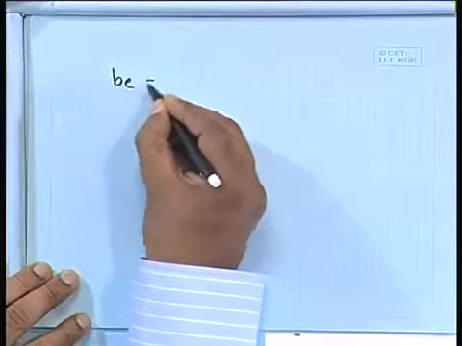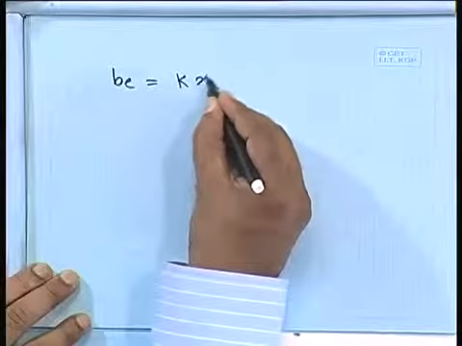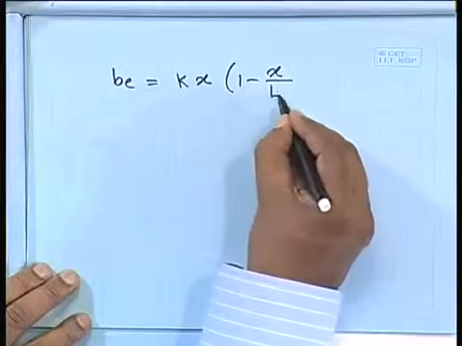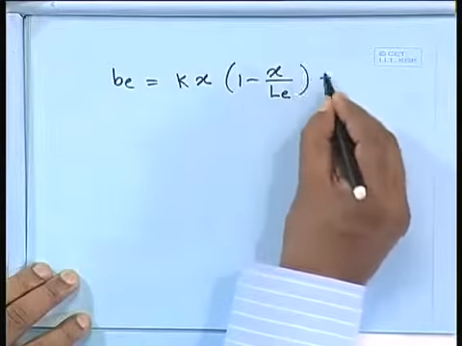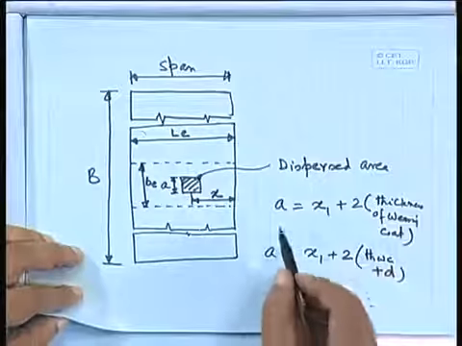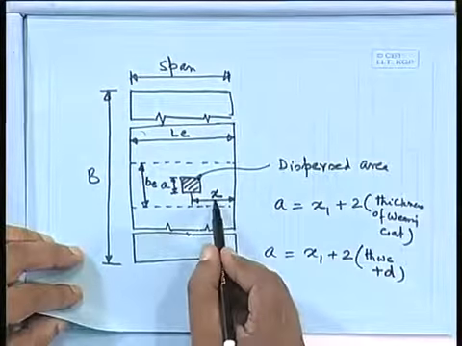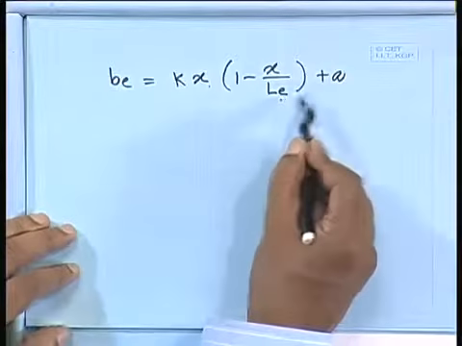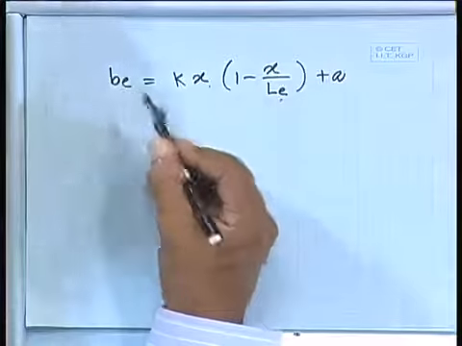BE, the effective width, equals K times x, 1 minus x by LE, plus A. So A I know, x I know, LE I know. So I can find out K, x, LE the effective span, and A. So I can find out the effective width.